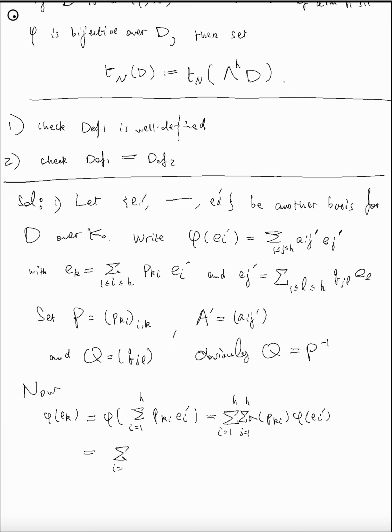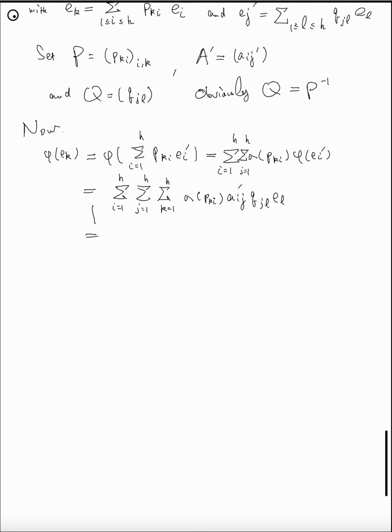And we continue. Sigma Ei prime could be written as Eij prime. And finally, express this as a matrix: sigma P, A prime, Q.